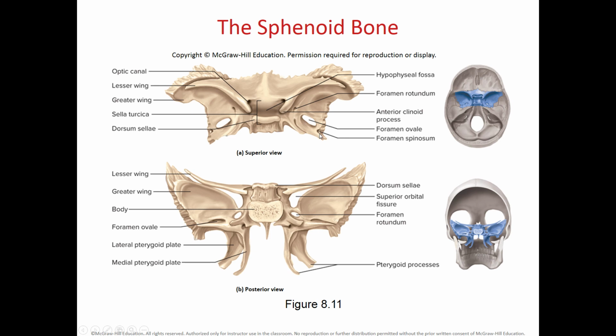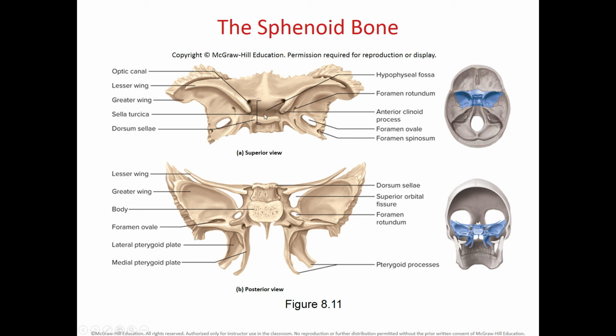And then laterally, and a little bit posterior to the foramen ovale, we have the foramen spinosum. So one way to learn the distribution from anterior to posterior of these foramina within the greater wings of the sphenoid will be ROS: foramen rotundum, ovale, and spinosum.